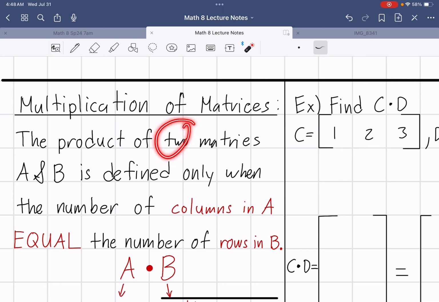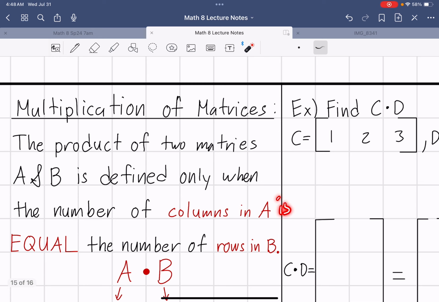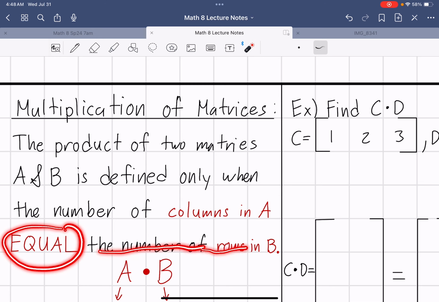The product of two matrices A and B is defined only when the number of columns in A equals the number of rows in B. So it's a little tricky. For adding, subtracting, scalar multiplication, there's not really much to think about.